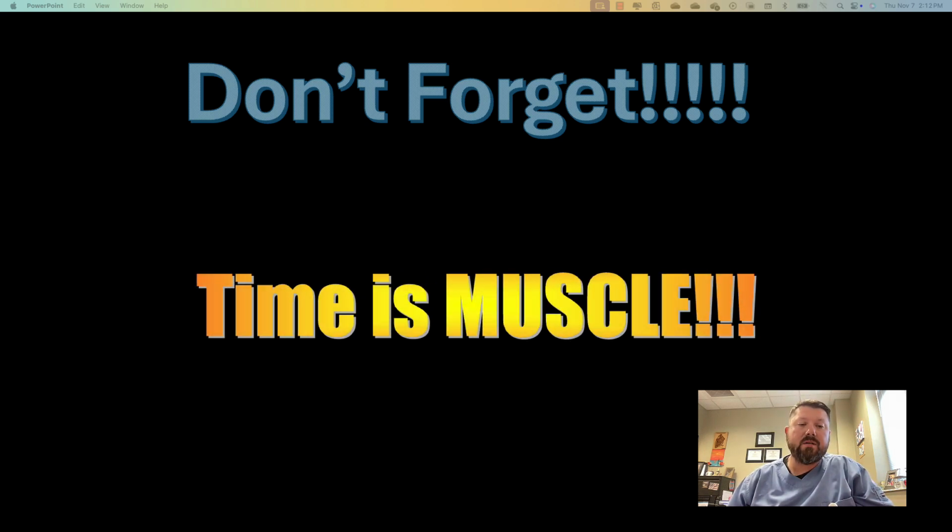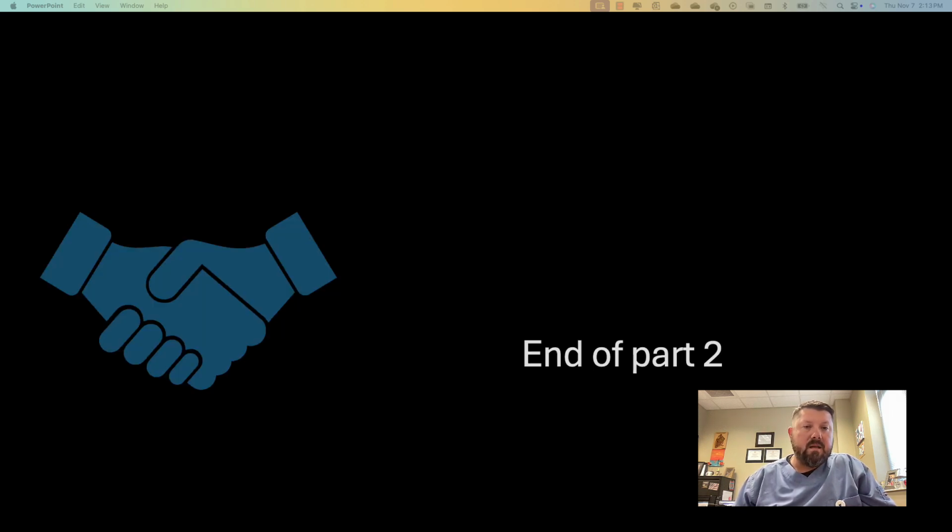So we need to understand what we're looking for when we get this 12 lead. We always want to get a 12 lead initially. We want to get it sent to the hospital as quick as we can. Remember, all patients that are experiencing any type of chest pain are going to get a 12 lead. And this ends part 2.